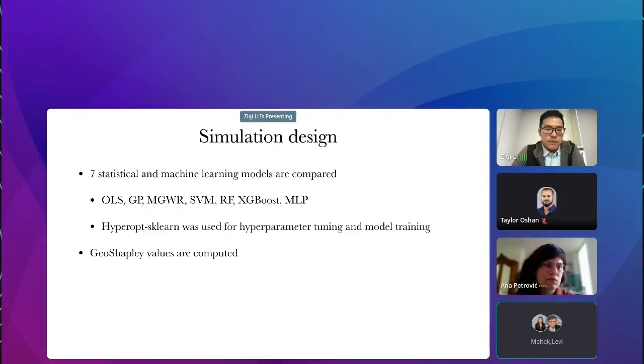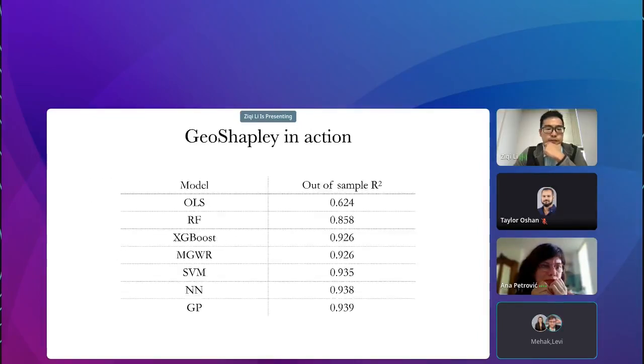Then I computed the Geo-Shapley value. The great thing is that this method is not model specific, so we can benchmark the models all together. Before I show the detailed results, here is the model performance across all the models that I used. For this particular case, the neural network and the Gaussian process perform best.